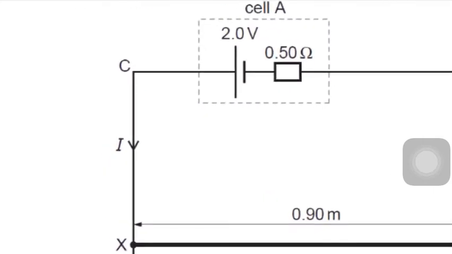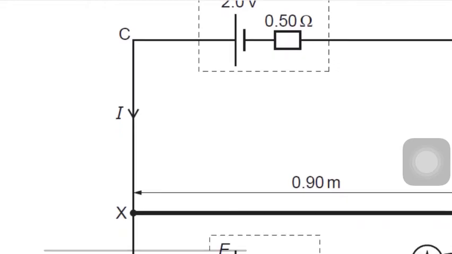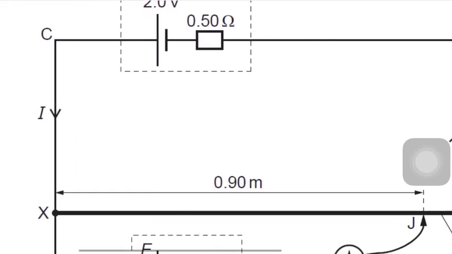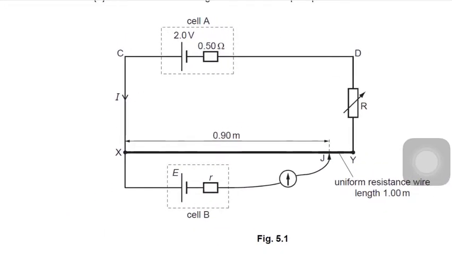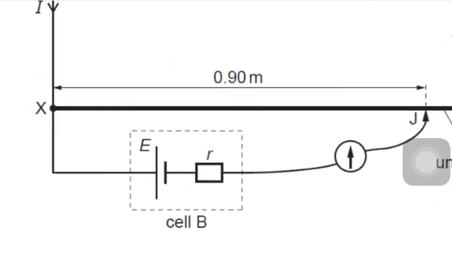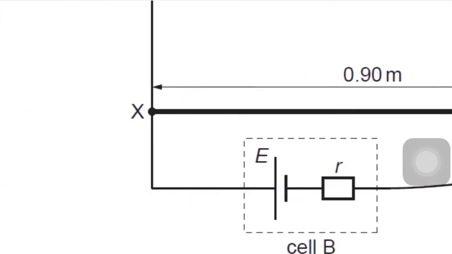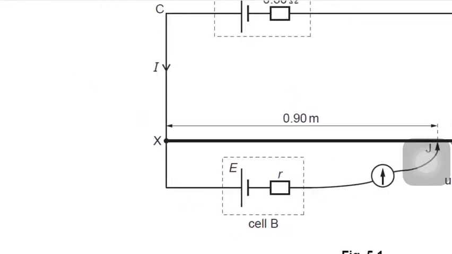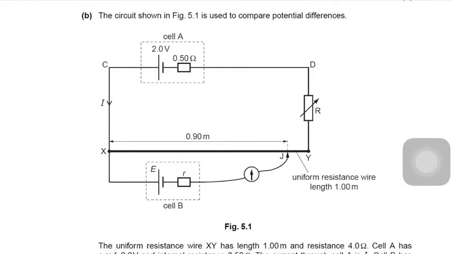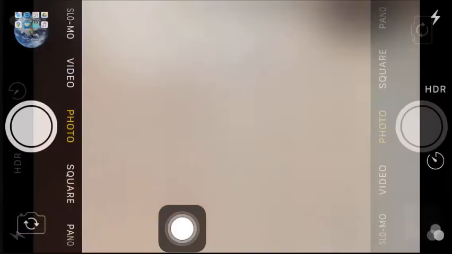And the good news is the current is the same through all these three components, the wire, variable resistor, and internal resistance, because we are talking about the balanced situation, and in the balanced situation there is no current through this lower circuit, which means that the entire I that is coming is going through the potentiometer wire. So if you have understood that, then the application is simple.